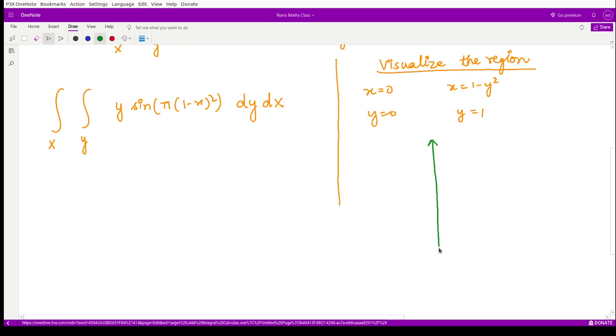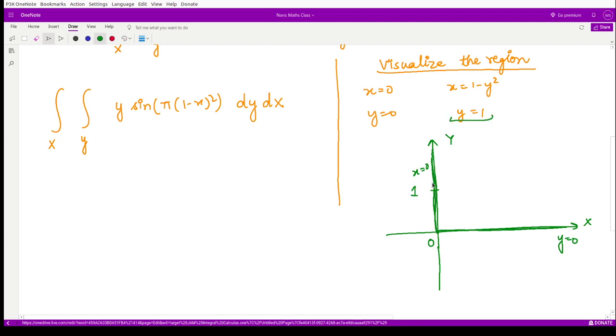So this is our y-axis, this is the x-axis, and this point is the origin. Now x equal to 0 means we are talking about this y-axis only. Y equal to 0 means we are talking about this x-axis, and suppose this is the point 1 on the y-axis.